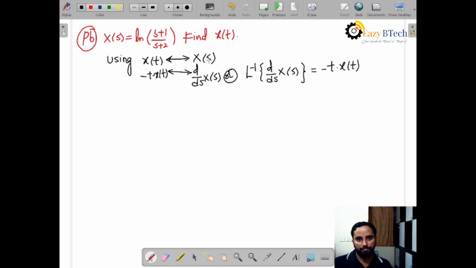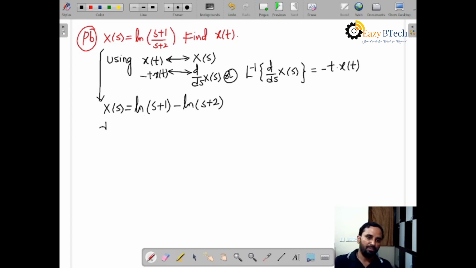So next we need to do d by ds of x of s. That we can do, see here. First write x of s, it is like log a by b. So log a minus log b: log (s plus 1) minus log (s plus 2), right?